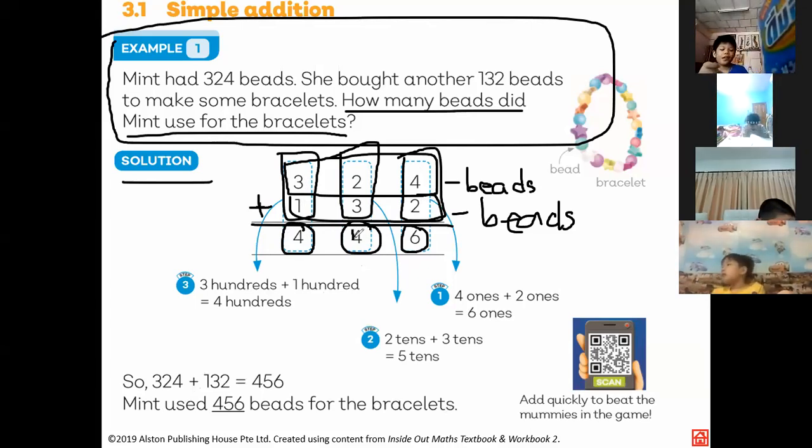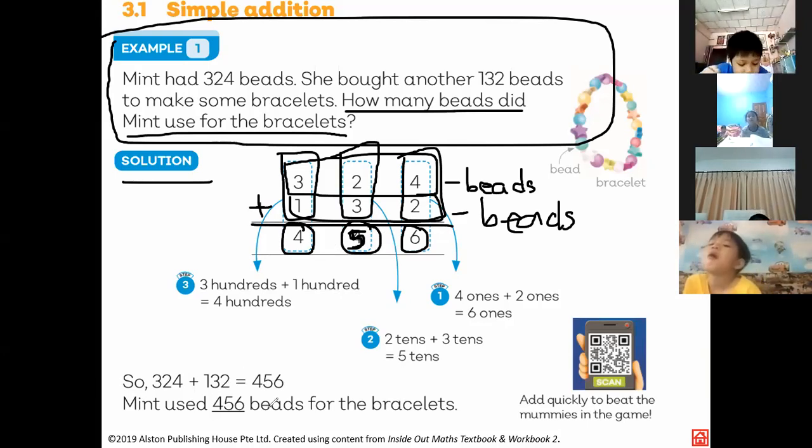So this one is actually 5. It's not 4. Can you cancel this one, class, in your book? All right, so that's 456 beads for the bracelet, okay? So that's 324 plus 132, that's 456 beads altogether.